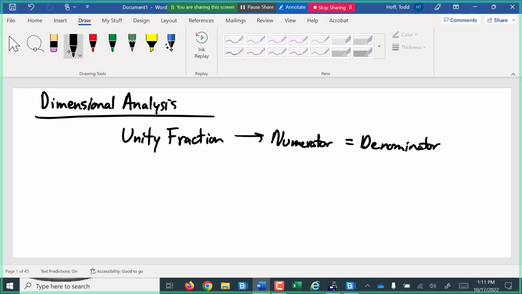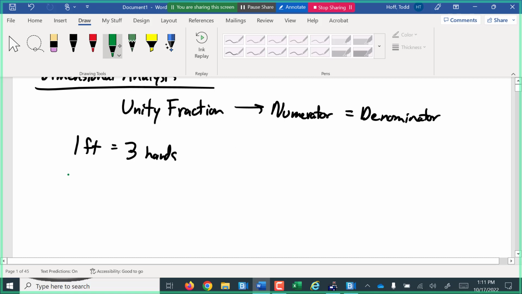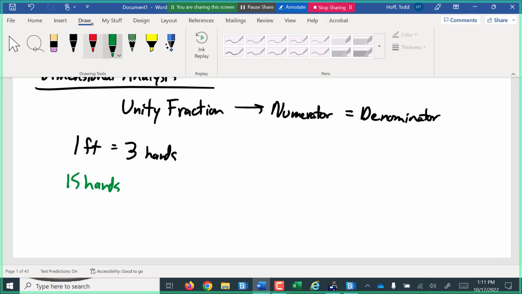If I know that 1 foot equals 3 hands, well, that can become a unity fraction. If I tell you that we have a horse that's 15 hands tall, we don't know what hands really are, but we can convert it into something that we know by using the unity fractions in dimensional analysis.